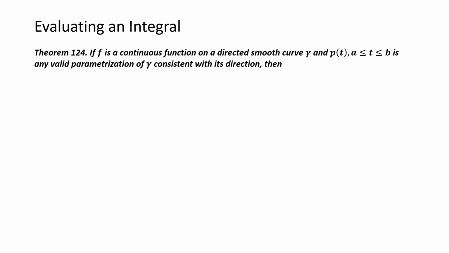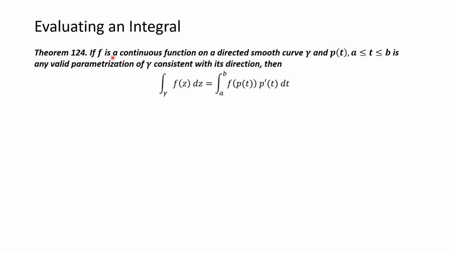Okay, we have a theorem that's going to allow us to evaluate a complex function over a directed smooth curve without appealing to the definition of a limit. So it makes things a bit easier for us here. I'll read off the theorem.